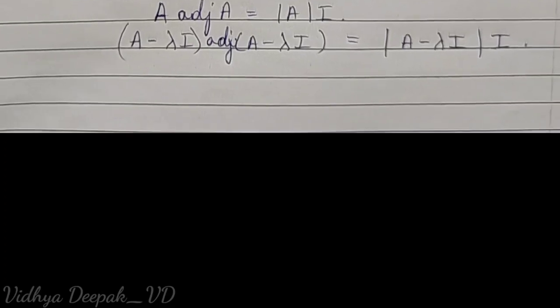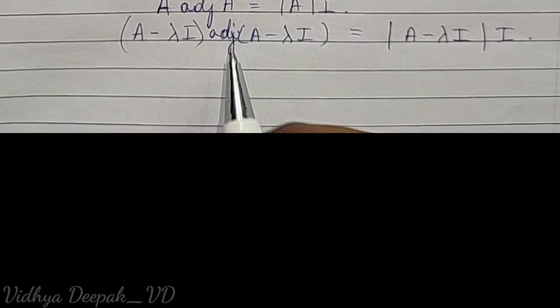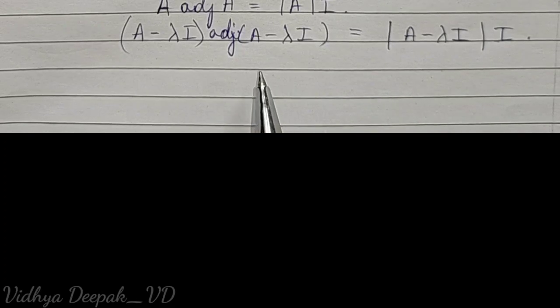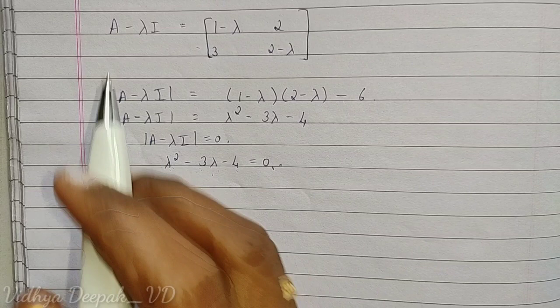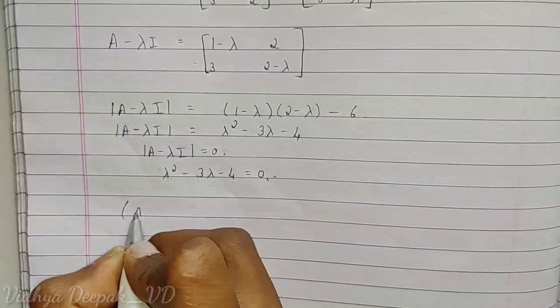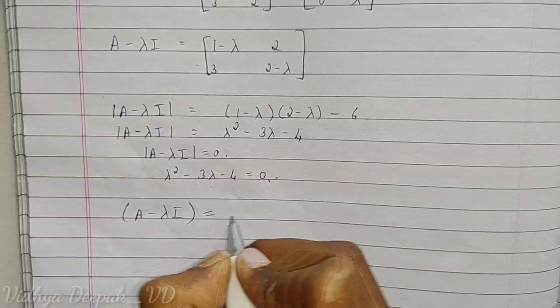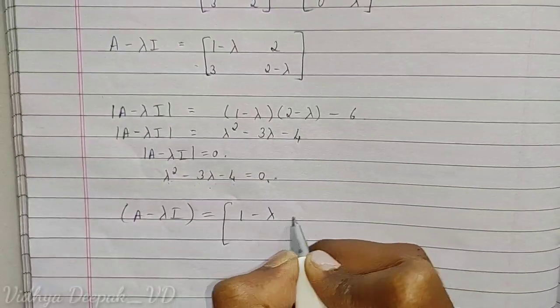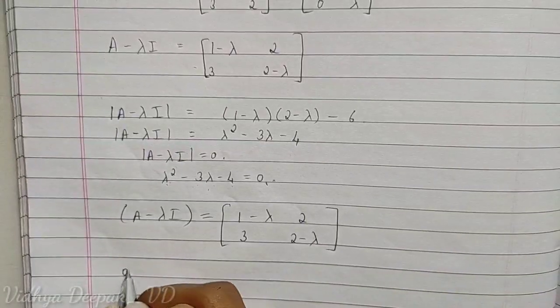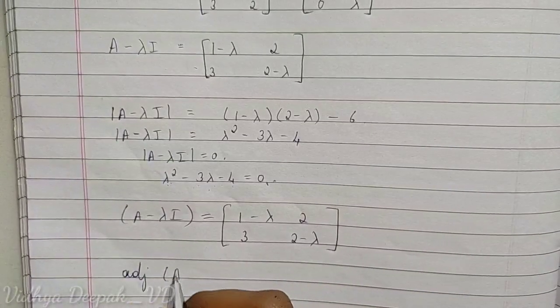Right? So now how the elements of this adjoint of A minus lambda I will look can be understood using an example. Now we have this A minus lambda I to be this matrix, right? It is 1 minus lambda, 2, 3 and 2 minus lambda. So now what is the adjoint of A minus lambda I?